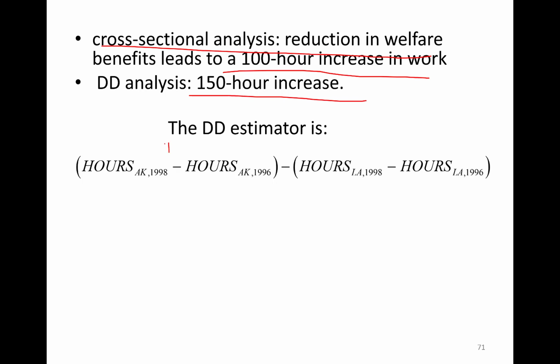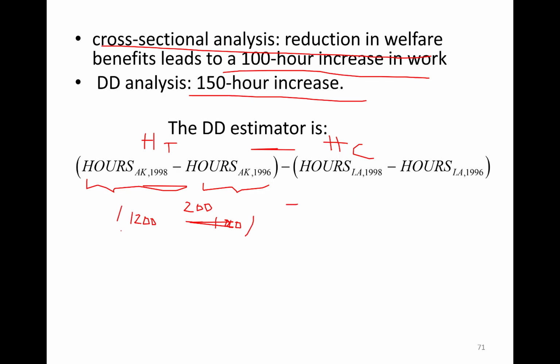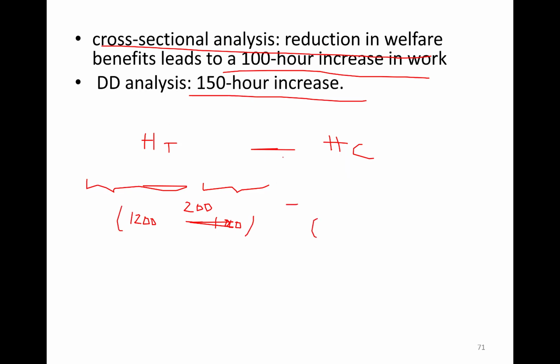This is your treatment group hours change minus the control group hours change. So treatment group hours after, before, calculate this. This was 200 hours, right? Minus, so I'm going to write down numbers. After it was 1200 hours minus 1000 before, a 200-hour change, minus, keep everything in parentheses. What was the Louisiana after hours?